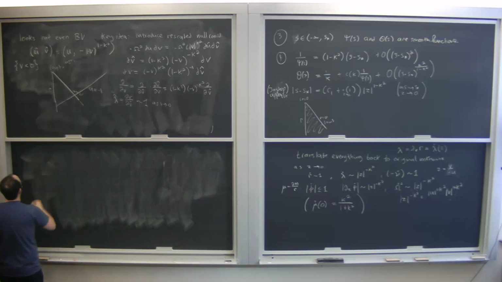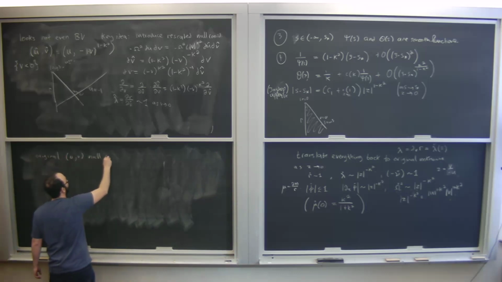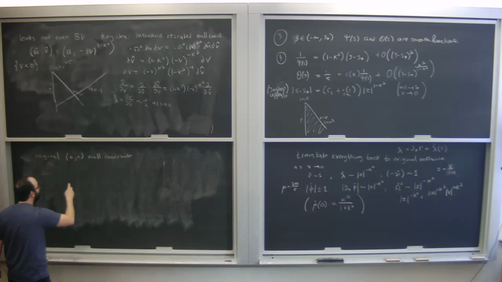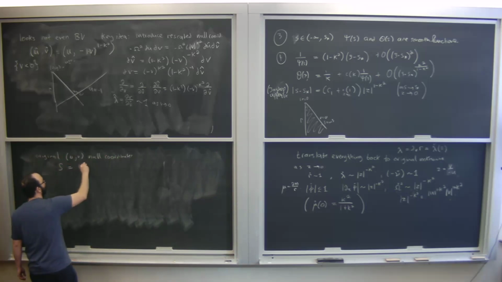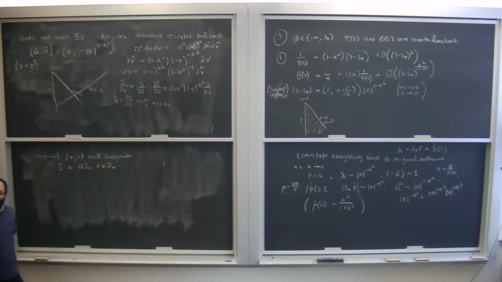So in the original UV null coordinates, it wasn't just that we were working in null coordinates. We were working in null coordinates where the self-similar vector field, which I think Christodoulou calls S, was given by the usual formula, U dU plus V dV, right?